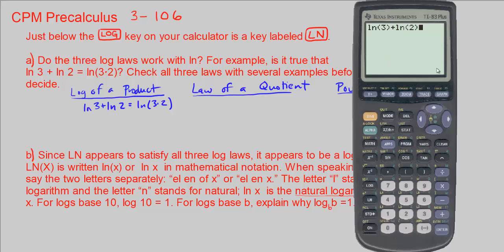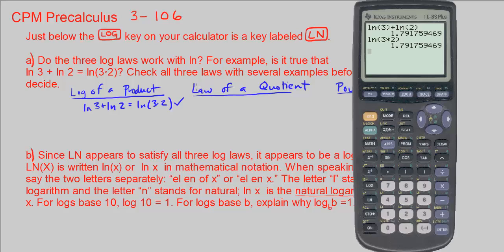When you press enter, it's going to give you 1.791. Now let's check ln of 3 times 2 inside the input to ln. Press enter, and that gives us the same thing. So yes, this is the same. I'm going to put a check mark because we tested it, and it is true.